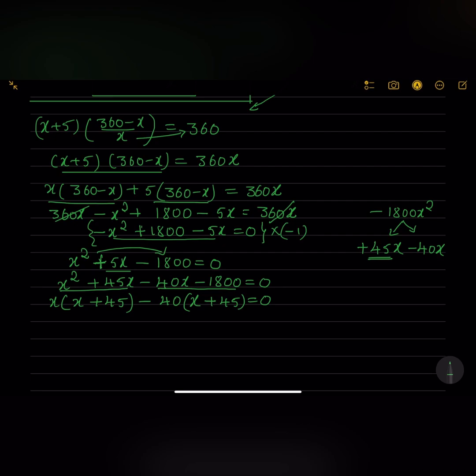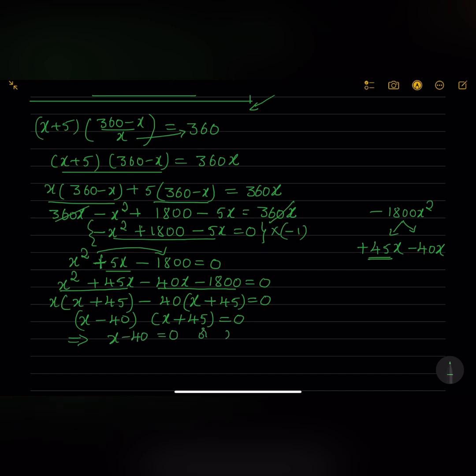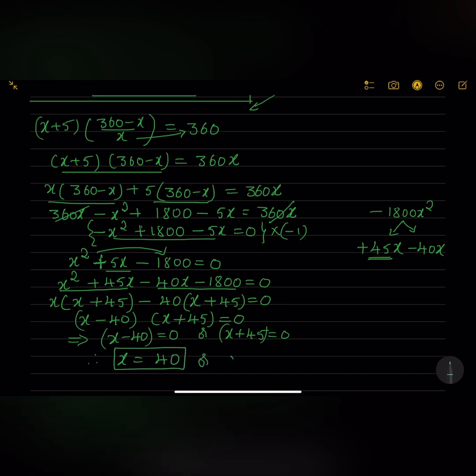And it is x minus 40 into x plus 45 equal to 0. That implies x minus 40 equal to 0 or x plus 45 equal to 0. And therefore x will be equal to plus 40 or x is equal to minus 45.